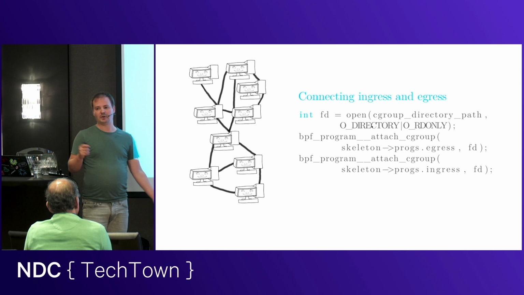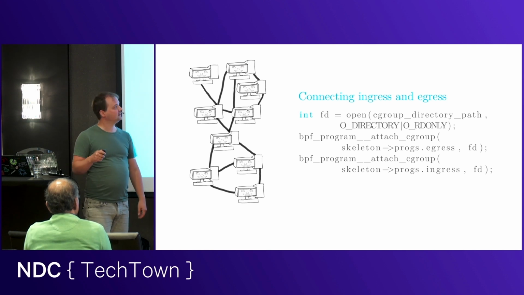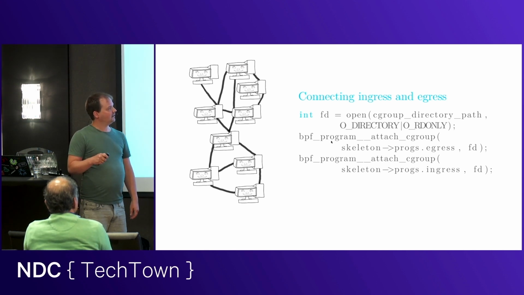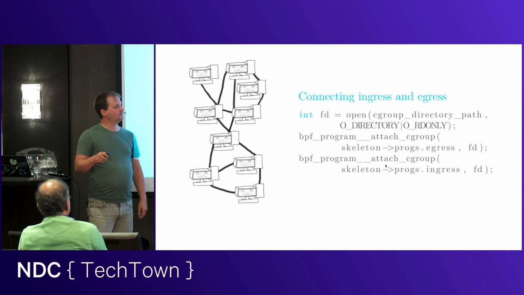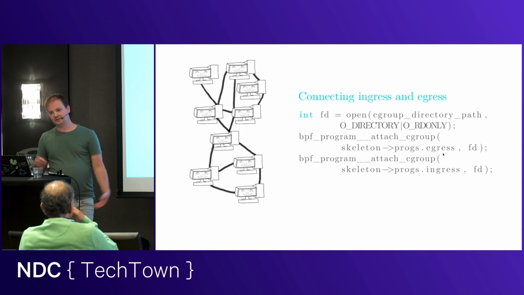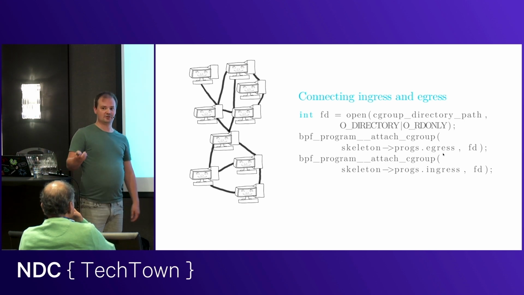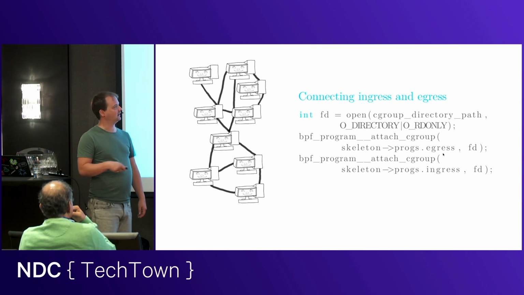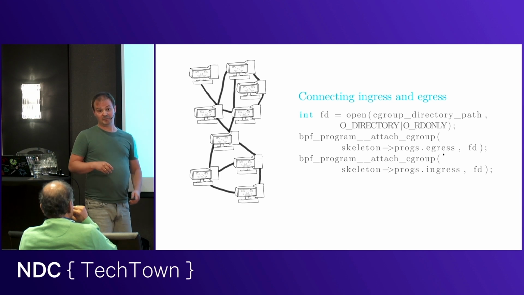So that's just the directory path of the Cgroup you're interested in. And then you say program attach Cgroup with the egress program and the ingress program to that file descriptor. So it's not that much harder as long as you use something relatively sane like libbpf.